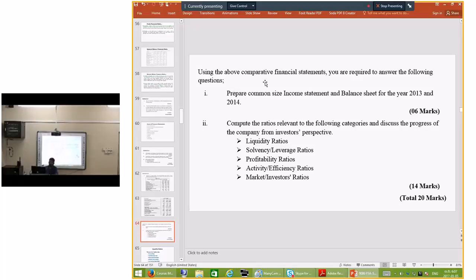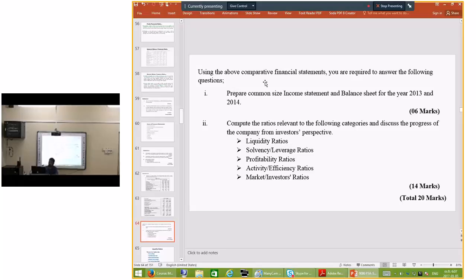There are a number of liquidity ratios we discussed: quick ratio, current ratio, quick asset ratio. If it is possible to calculate them, you have to calculate all the relevant ratios, solvency ratios, profitability ratios.